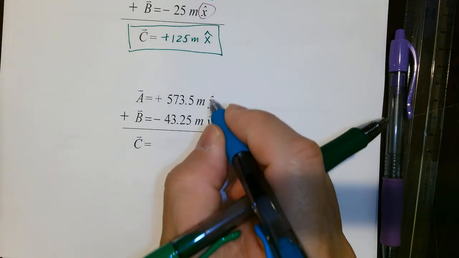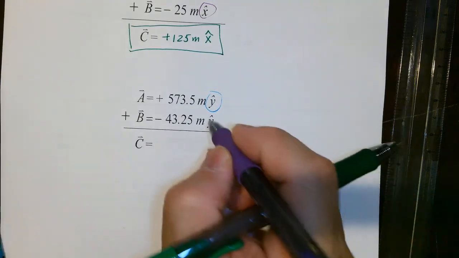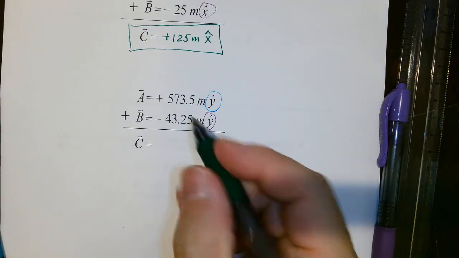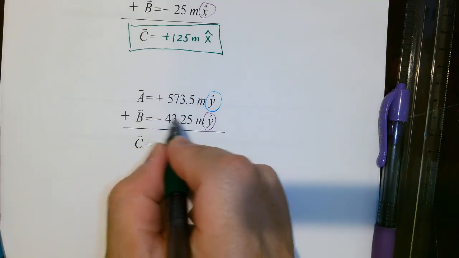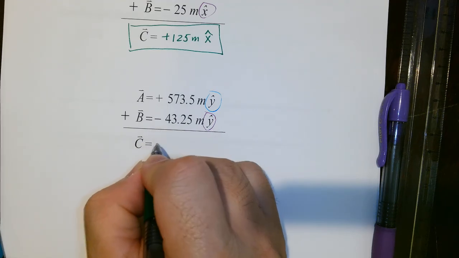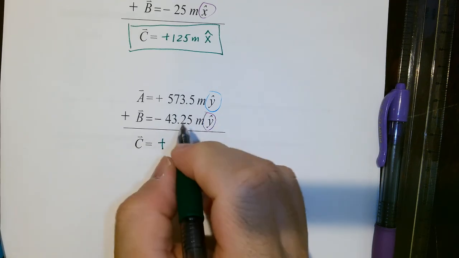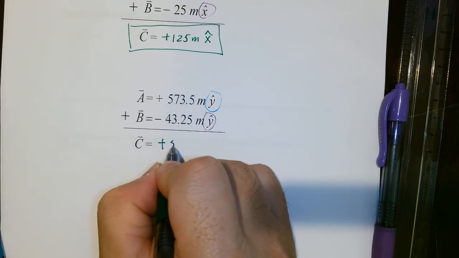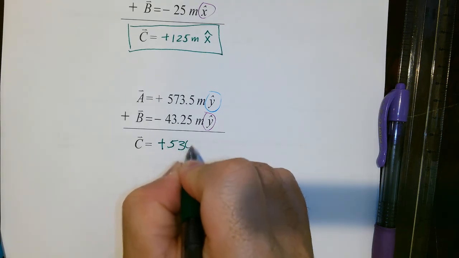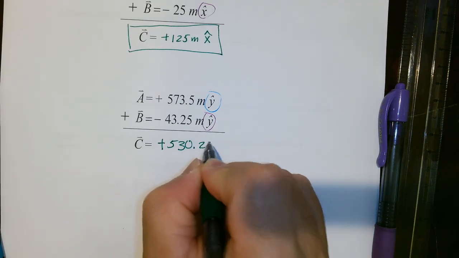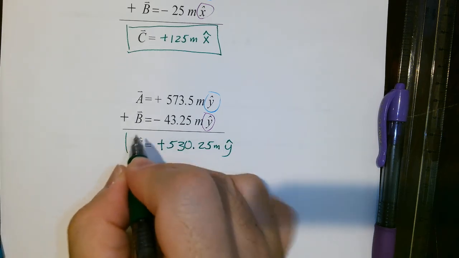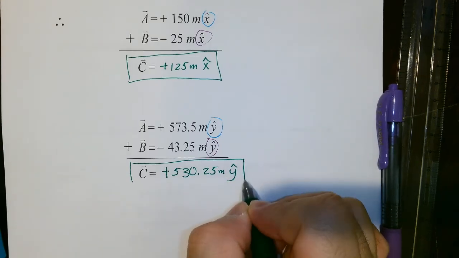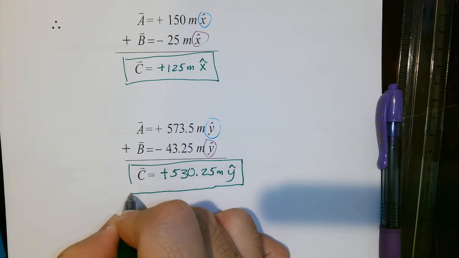Again, these are the same, so now we can add them like regular numbers. I'm adding the negative, same thing as subtracting, so I get positive 530.25 meters y hat. That's easy enough, right?